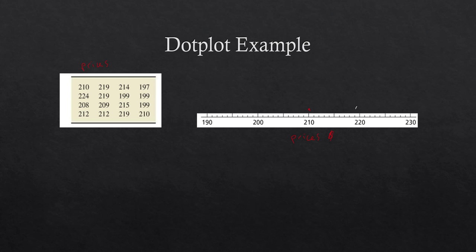219, place a dot. 214, 197, 224. We've got 219 again. So at 219 we'll go up above it. 199, 199 again.